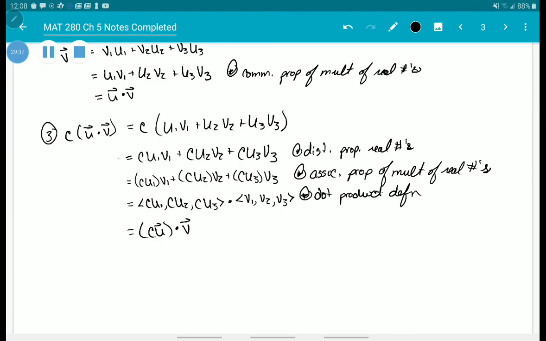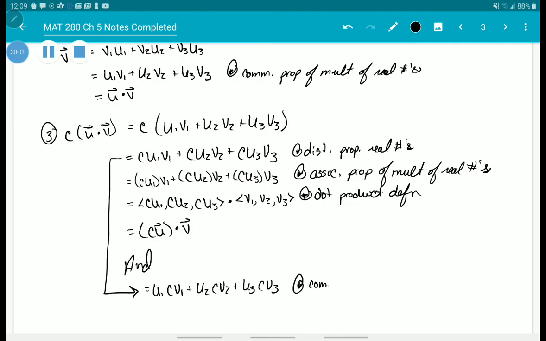Now we can actually pick up from here. So I'm going to say and, if we were to change that order, we're dealing with real numbers inside of this, so we can change the order because of the commutativity property of multiplication of real numbers. And then now we can change the grouping and put those c's with the v's.